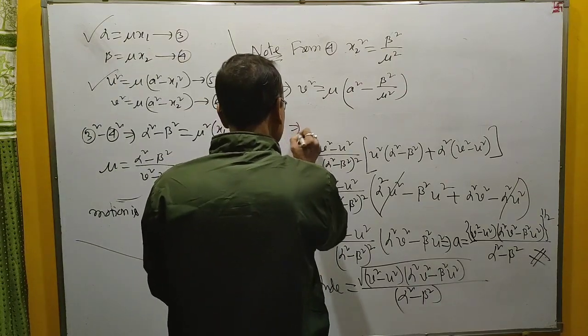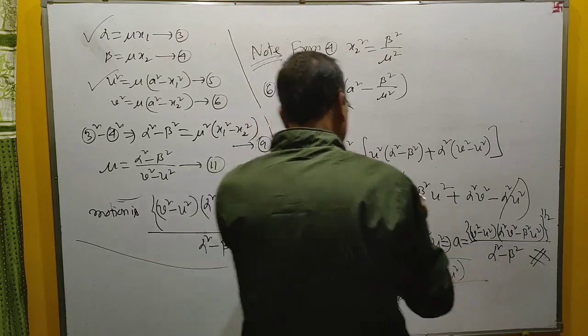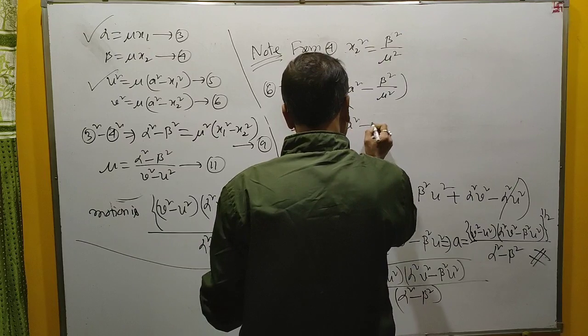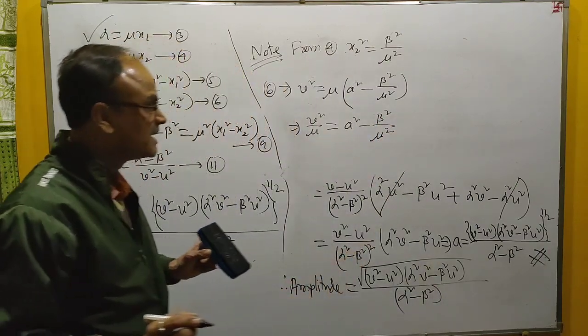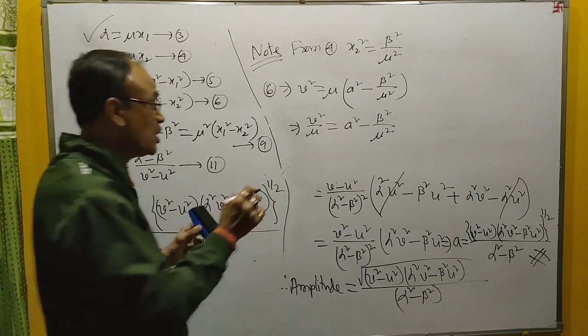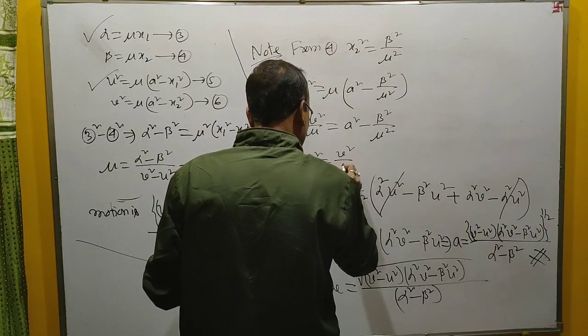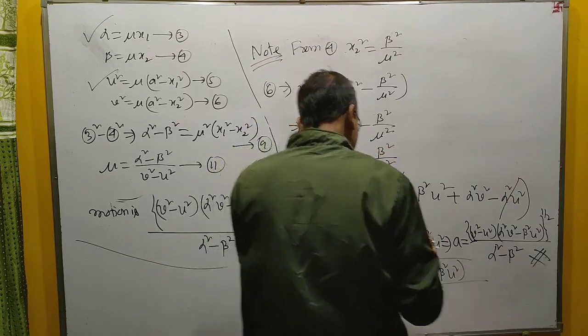Or v square by mu is equal to a square minus beta square by mu square, or a square equal to v square by mu plus beta square by mu square.